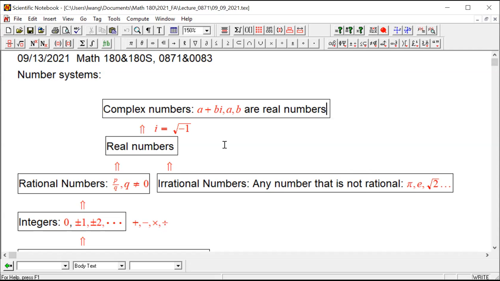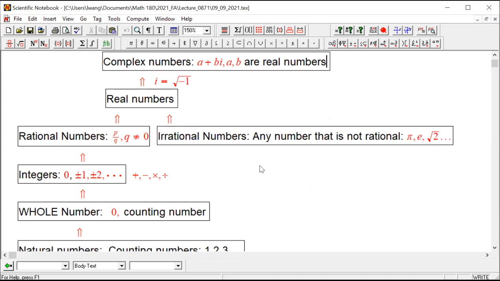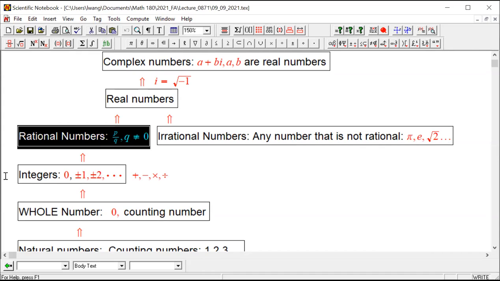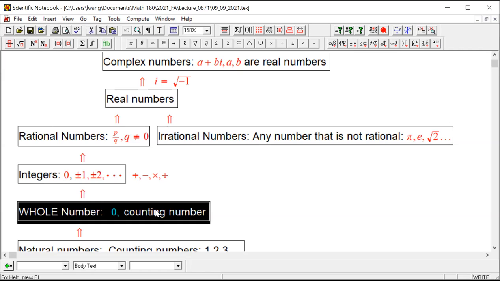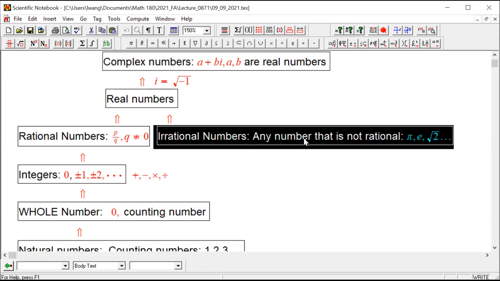Are rational and irrational on the same level? Yes. Rational and irrational, they're on the same level because you can see rational numbers include all of these, right? But irrational numbers and rational numbers, they don't have anything in common. They're kind of on the same level, yes.